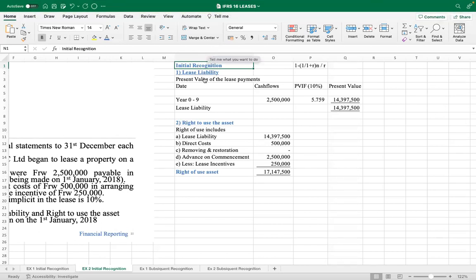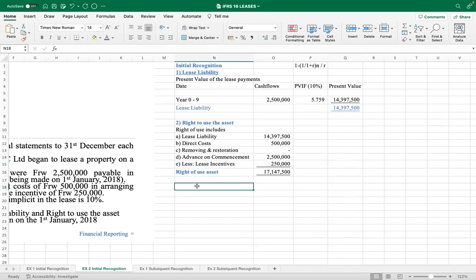Now in subsequent recognition, again, you need to know what lease liability. What lease liability needs to be charged in the first year? And what asset needs to be charged also in the first year? Now, this one in subsequent, let me write some notes here.